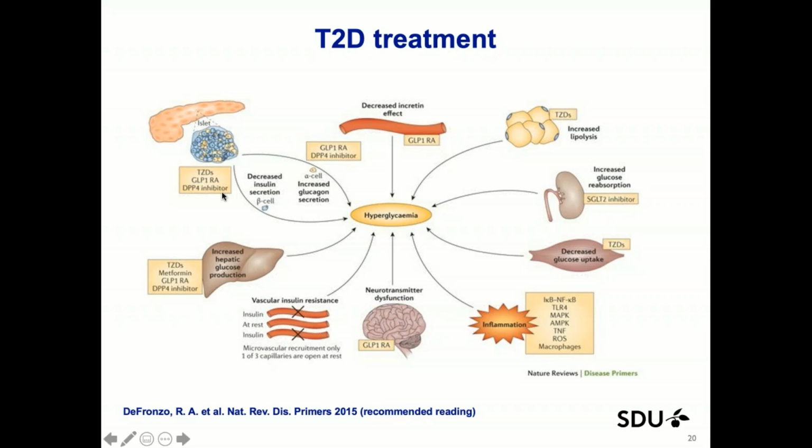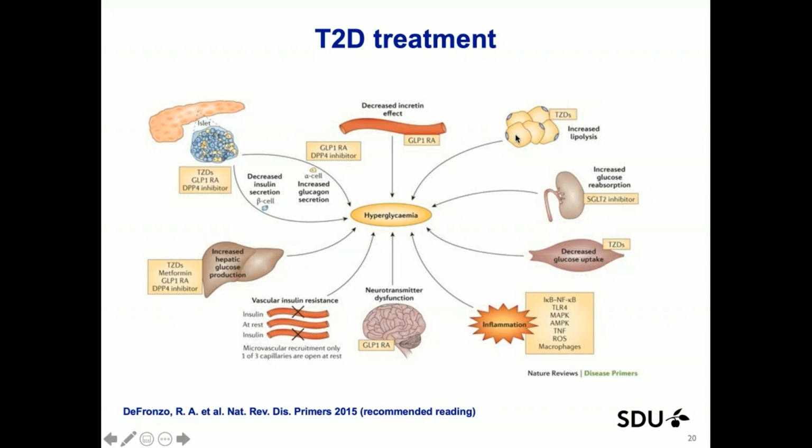Another important drug I want to mention is GLP-1. GLP-1 is an incretin hormone which has been shown to increase insulin secretion. It has also been shown that GLP-1 works by decreasing glucagon secretion, thereby reducing the increased hepatic glucose production, thereby leading to reduced hyperglycemia.